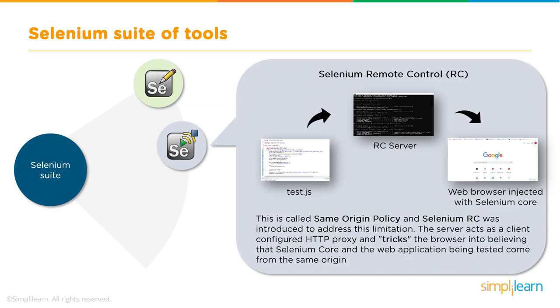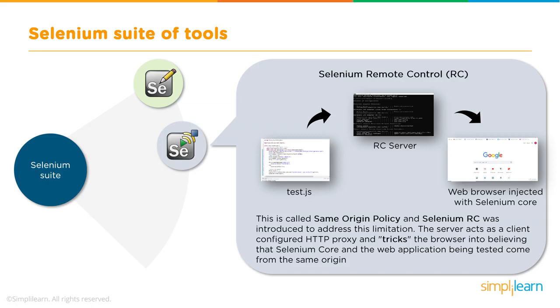This browser interaction happens only through the RC server, again using simple HTTP GET and POST requests to communicate. Upon receiving these instructions, the response is sent back to the RC server from your browser and back to your test scripts.